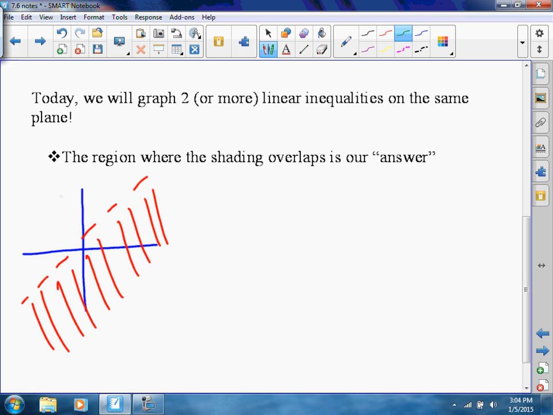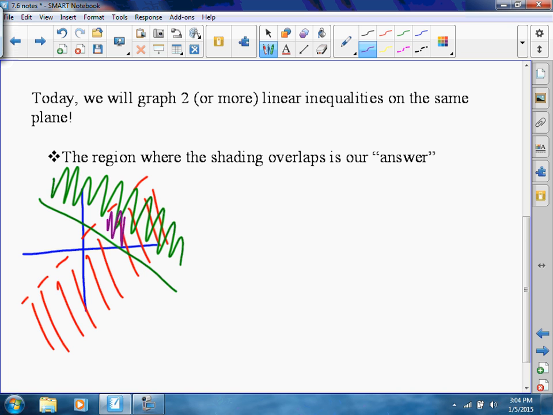And then you might have another line that goes like this, and it's solid, and you're shading above it. So the part that overlaps is going to be this purple part in here. That's where your solution is going to be. That's the part that you want to darken in and consider to be the area where any ordered pair from this shaded region will give you a true statement in both of the inequalities in the system.